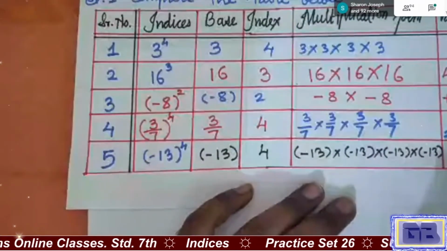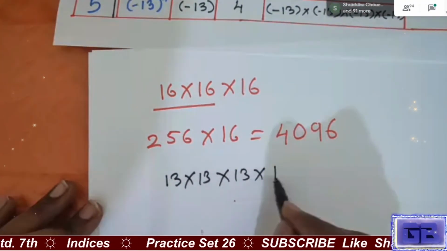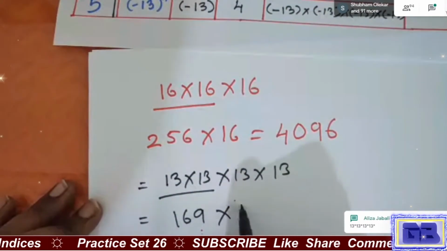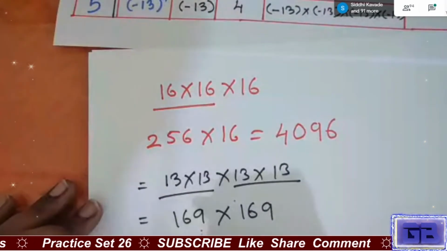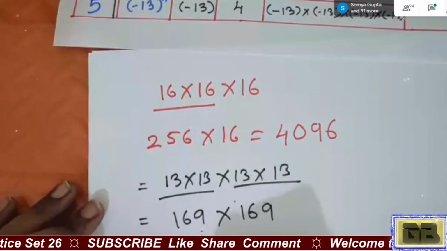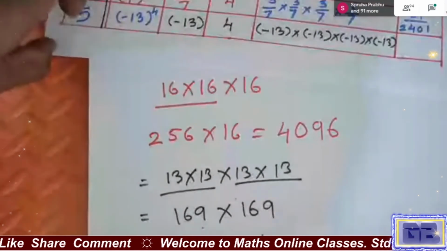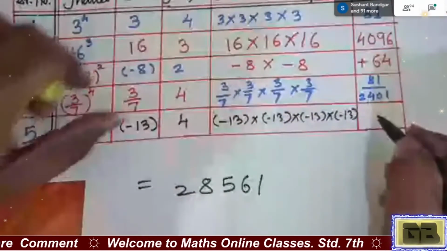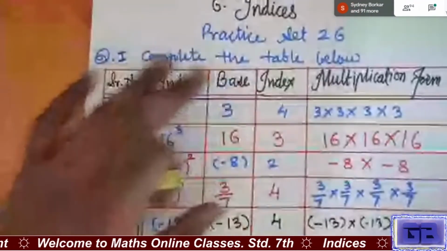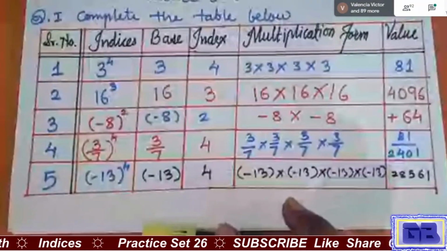At last answer will be positive. 13 into 13 into 13 into 13, square of 13 is 169 into 169, and if you multiply both the numbers, we get 28,561. So we will write this number here, 28,561. You can check your answer by multiplying all these numbers.